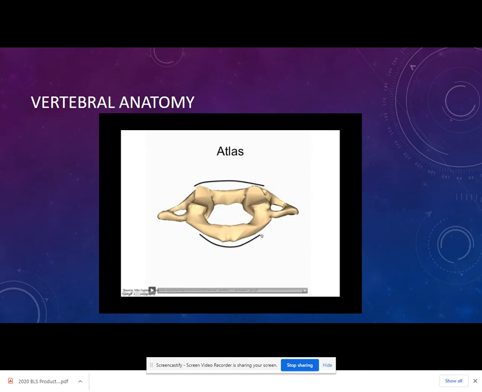Replacing the body anteriorly, we have the anterior tubercle, and replacing the spinous process, we have the posterior tubercle here. Laterally, on either side, it still has a transverse process and also a transverse foramen. You can also see here these large superior articular facets, which are concave in shape. These will accommodate or articulate with the occipital bone of the skull.